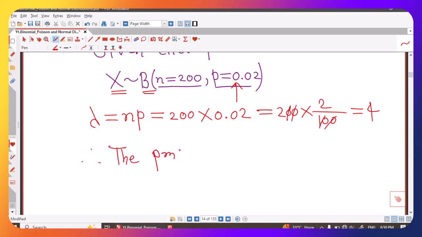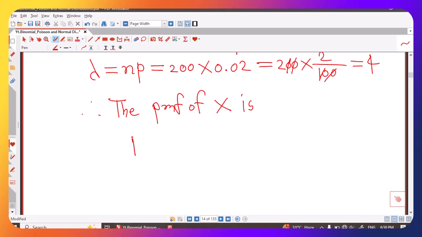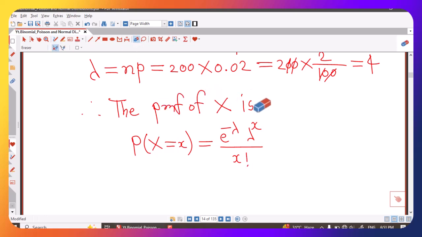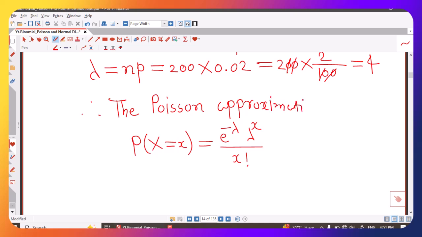Therefore the probability mass function of Poisson approximation is e raised to minus lambda, lambda raised to x divided by x factorial. Instead of writing in this way, we can write that the Poisson approximation is given by this formula, because our random variable is binomial random variable and we are using Poisson approximation to calculate required probability.